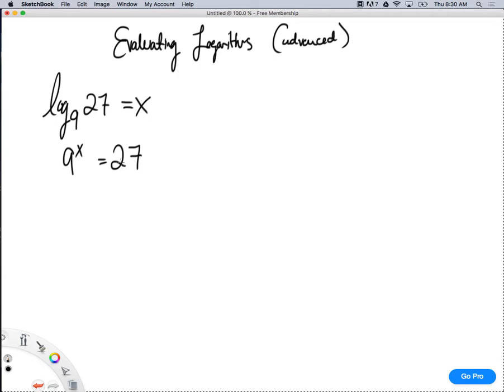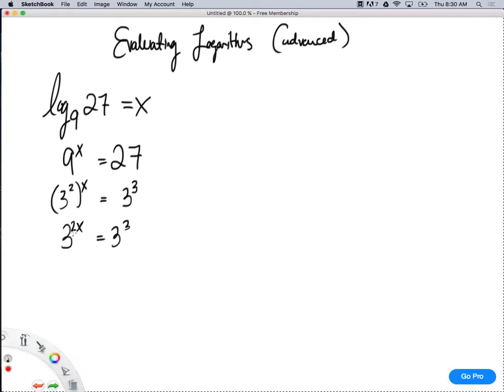I then find the common root. What's the common root? The common root is 3. So this is 3 squared to the x, and this is 3 to the third. I end up with 3 to the 2x equals 3 to the third.